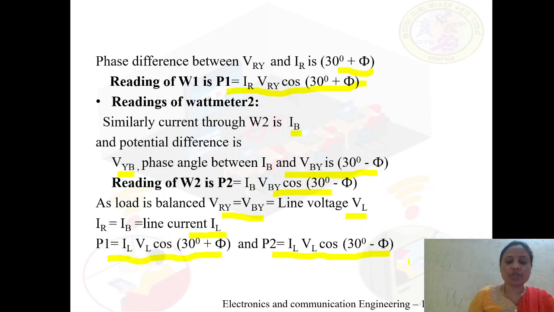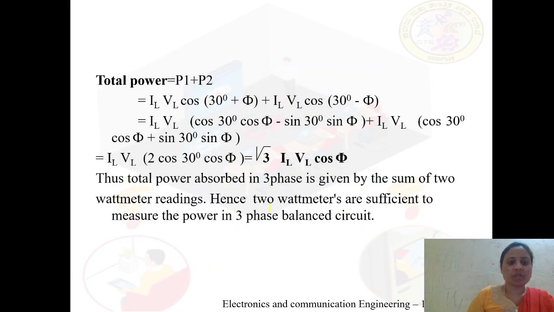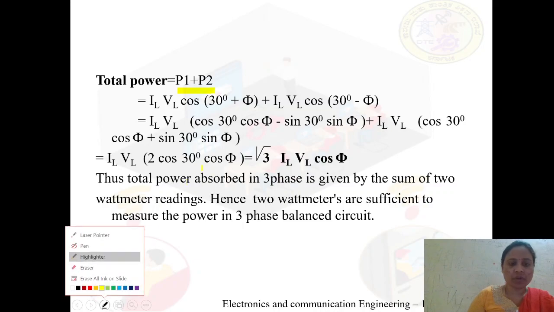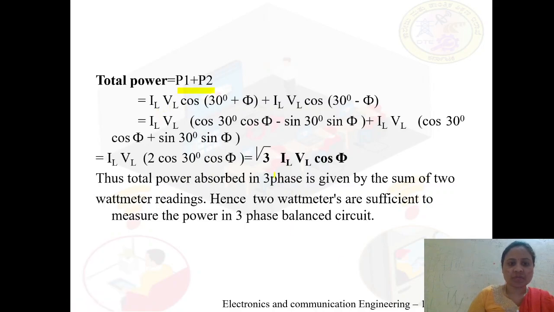Now, let us add P1 and P2, the total power P1 plus P2. Let us substitute the values of P1 and P2: P1 is IL VL cos of 30 plus 5, and P2 is IL VL cos of 30 minus 5.